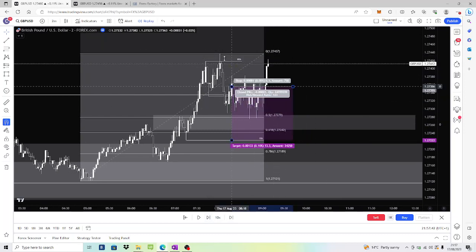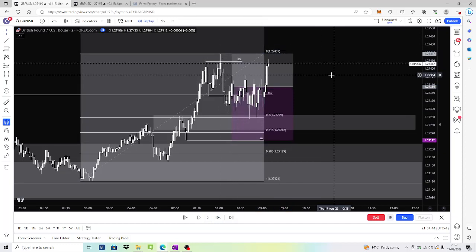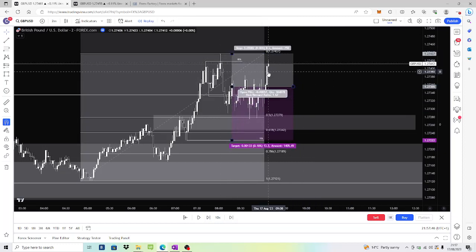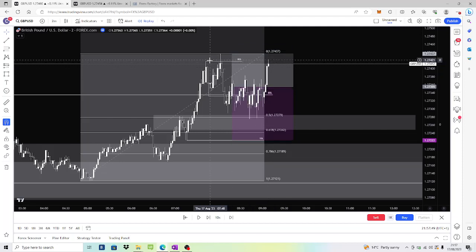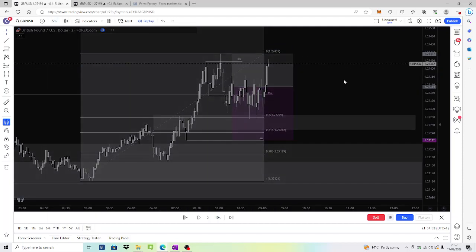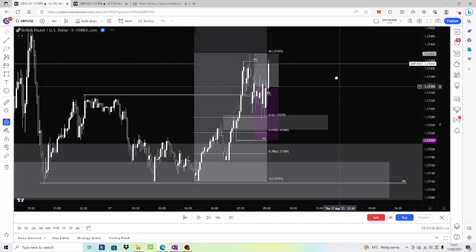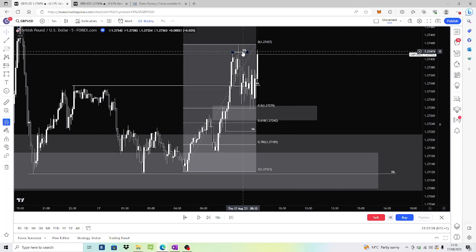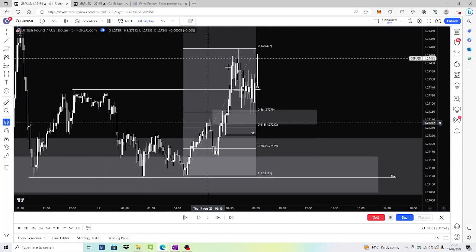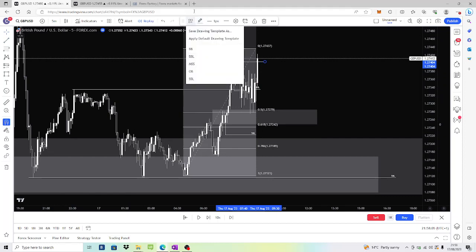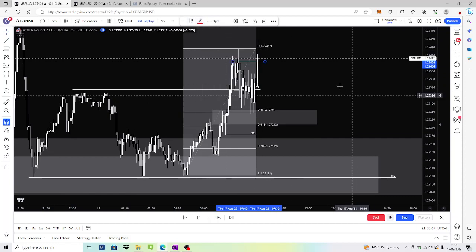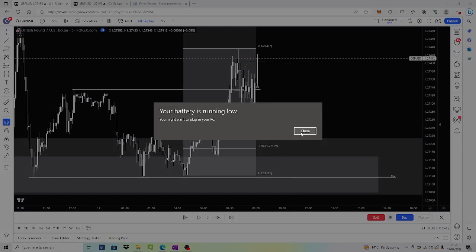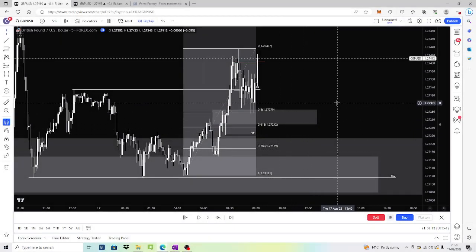But where does price not go? Does not go up to the ultimate high. At 9:08 it comes to this rejection block right here. Get rid of this. Get rid of this. At 9:08 it comes to the rejection block. Okay.